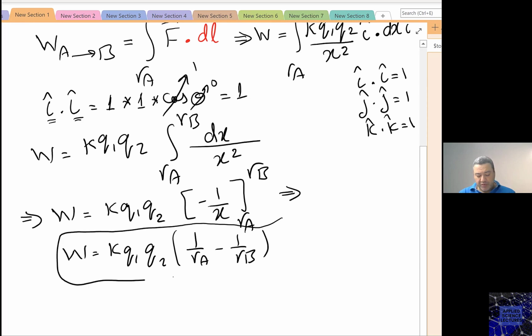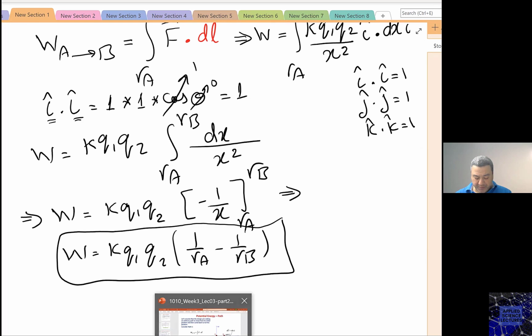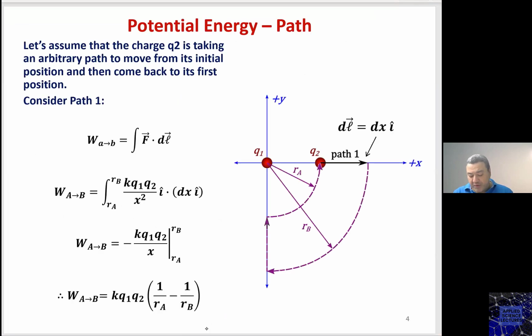So this is the work for going through that path. Go back to here. This is path 1. So that's the work that has been done through going through path 1.